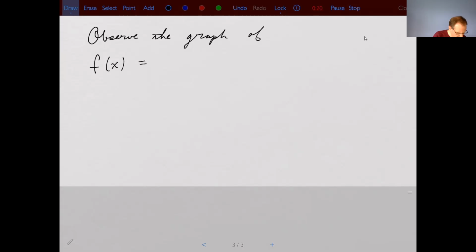Okay, so this is the polynomial that we want to look at. I want to observe the graph of this polynomial function. f(x) is equal to (x minus 1) times (x minus 2) squared times (x plus 1) cubed.